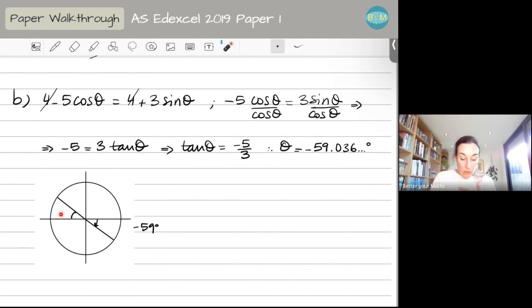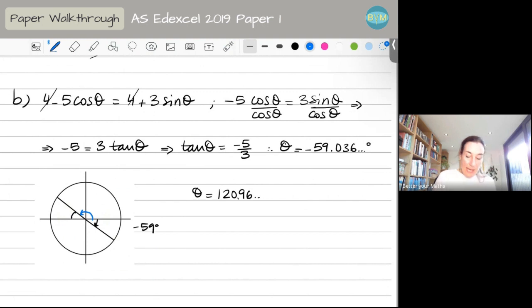So what other solutions do I have that are between 0 and 360? This angle here, which is 180 minus 59. So 180 minus 59 point something, which is 120.96 degrees. So this angle here, I'm talking about this one. I hope everyone can see that.